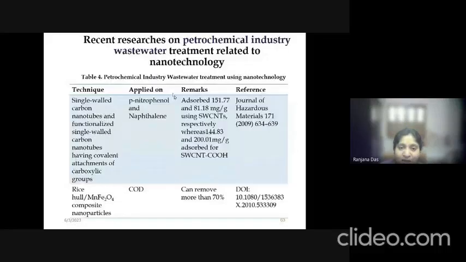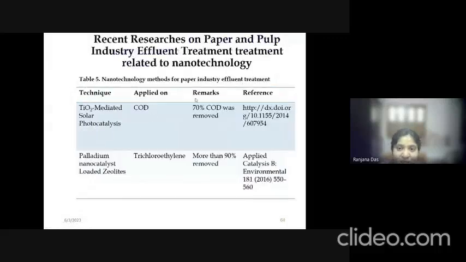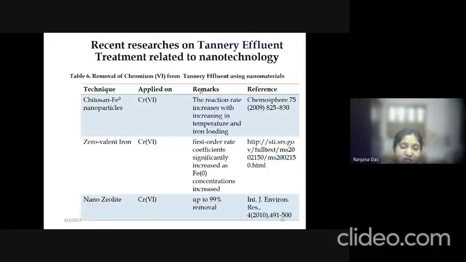And petrochemical industry, it is also used for separation, for lowering the COD level, and also removal of this type of objectionable material from the effluent. And paper industry is also there. This type of use of the nanomaterial is there. So this table says nothing but just to give you the idea that nanomaterial can be used for each and every effluent treatment.